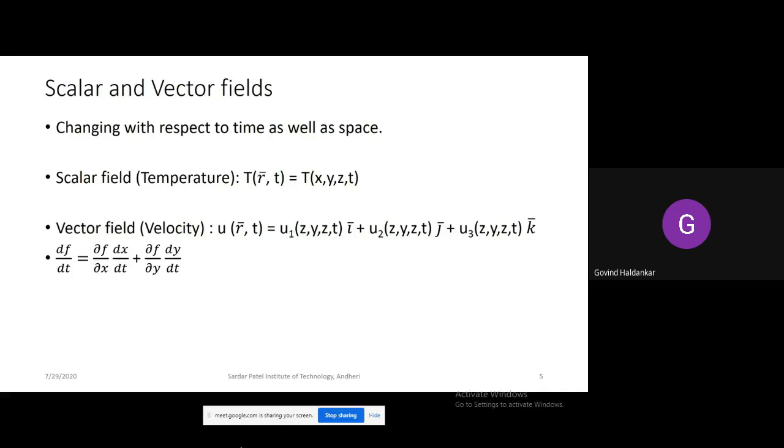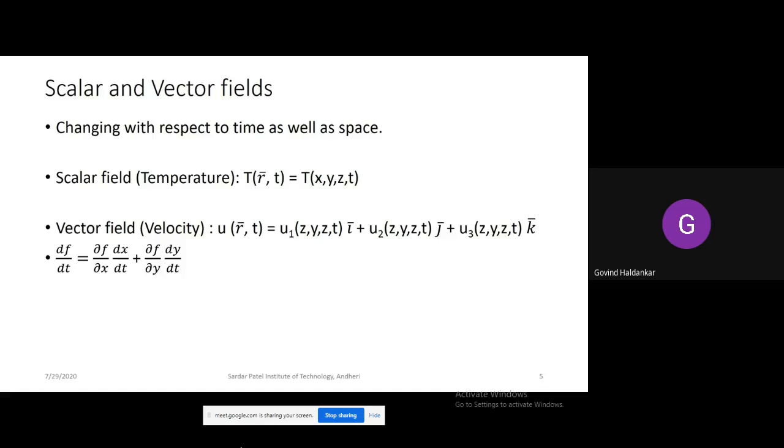So x, y, z, and t. When you write the equation, you have to write the partial derivative of temperature with respect to x, with respect to y, with respect to z, and also time t is important.